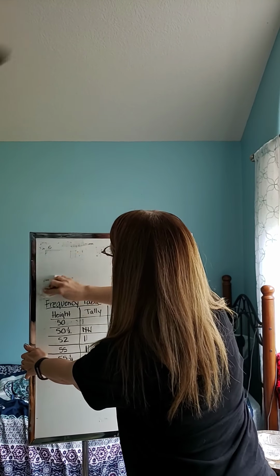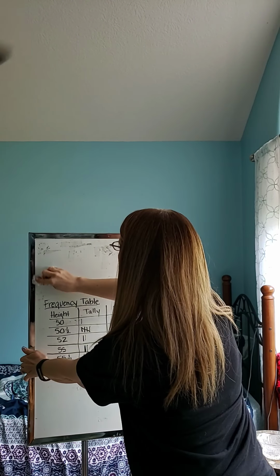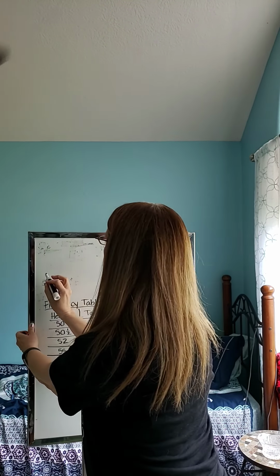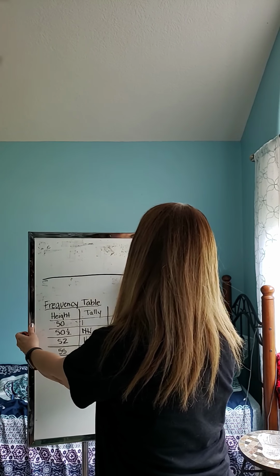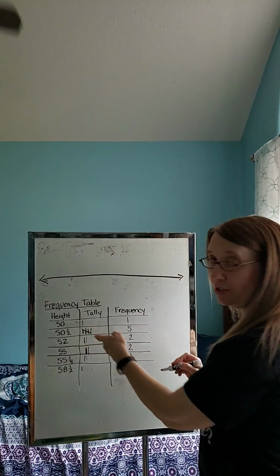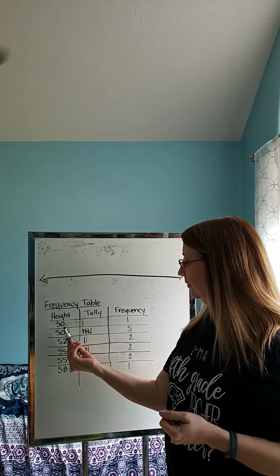Let me erase this. So now, to make our line plot, you want to keep things in consecutive order. We're going to go through, draw our line plot. What's going to have to be the lowest number that we're going to put on there? 50.